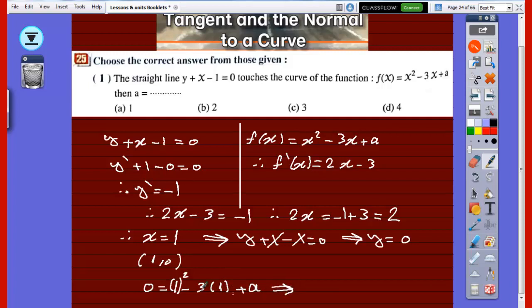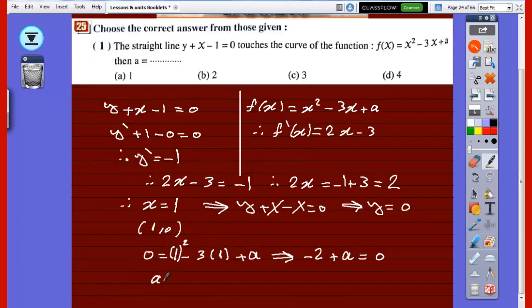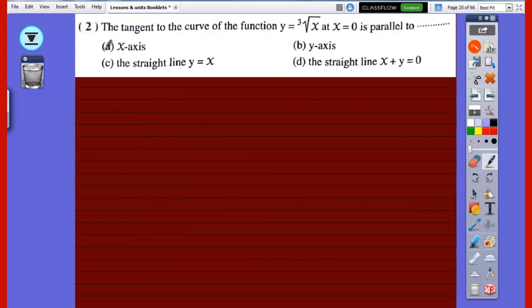So 1 squared minus 3 is negative 2, plus a equals 0. It means a equals 2, and the solution will be letter B.